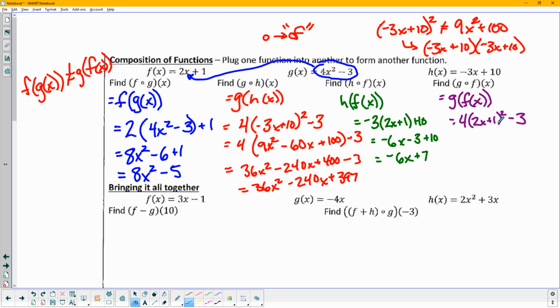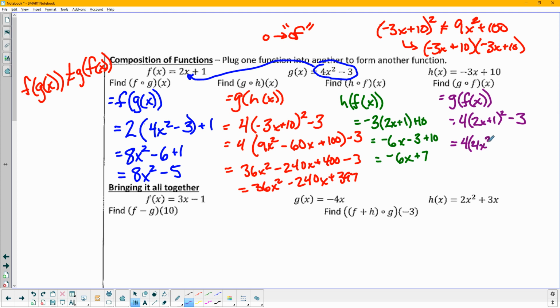So I'm going to do the quick version of this. And if you don't know it, I suggest you sort of think about it. When I square a binomial, we call them perfect square binomials. It's always the first thing squared, and by the first thing I mean all of 2x. So I square 2 and square x.